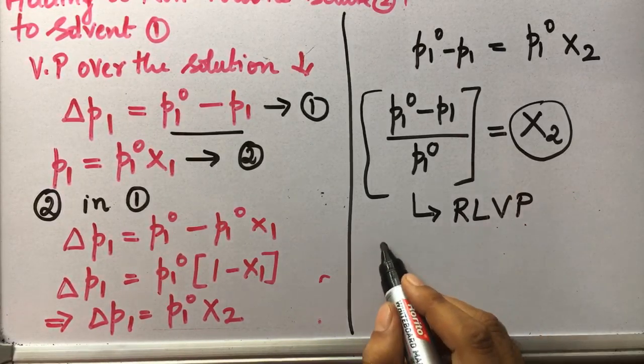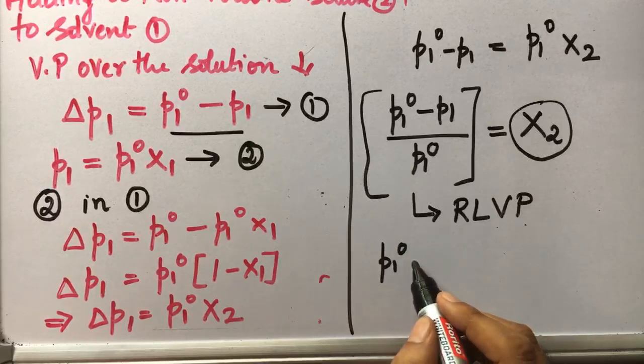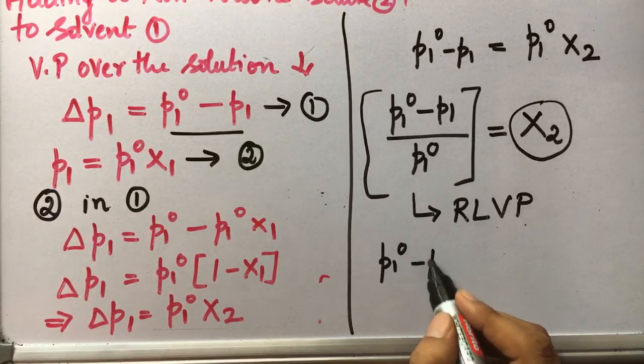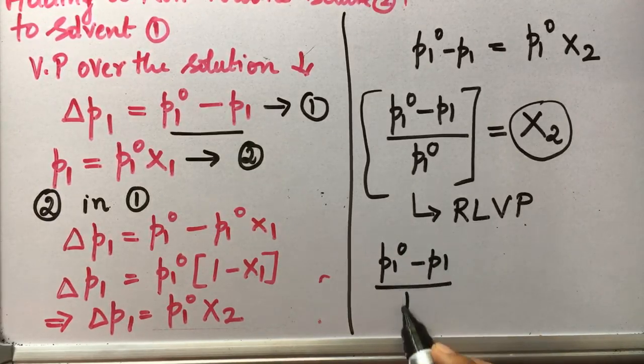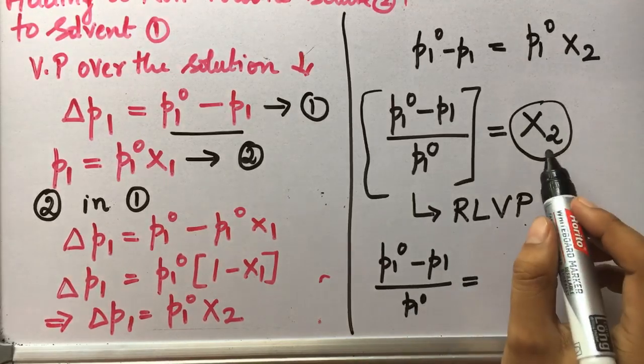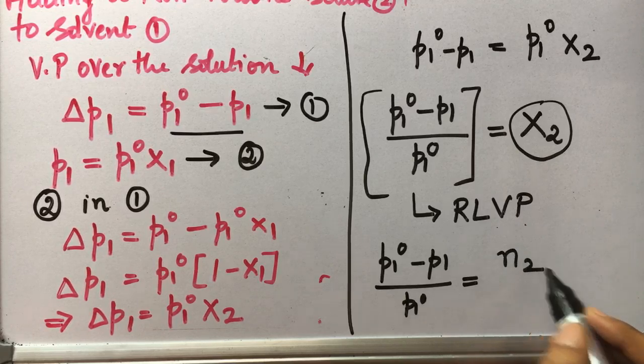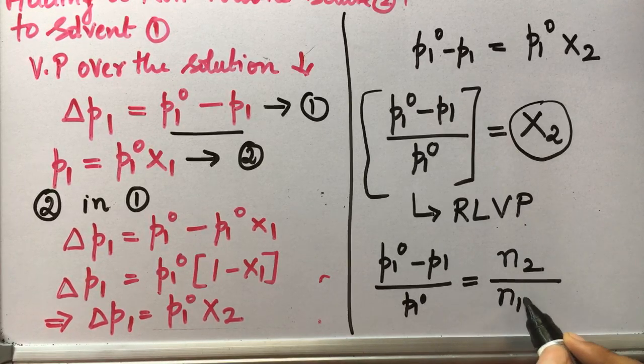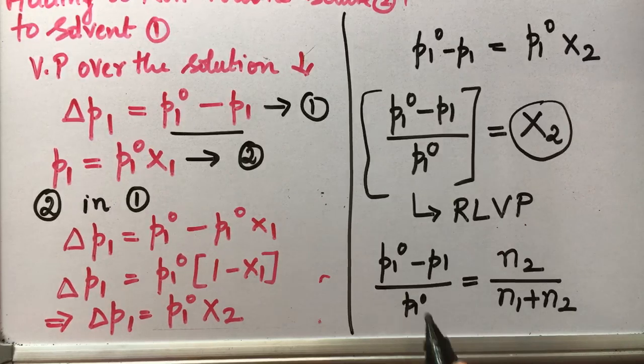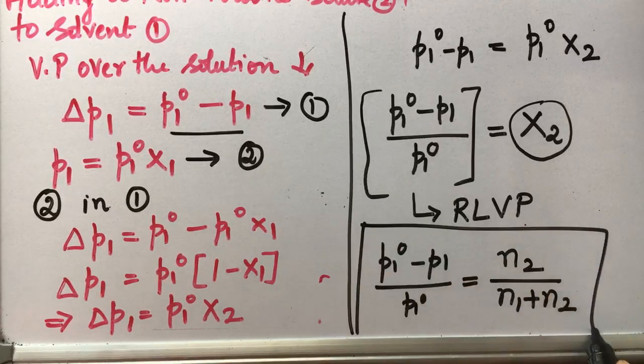Now we can replace x2 in terms of moles. P1 naught minus P1 divided by P1 naught should be equal to the mole fraction of component 2, which is the number of moles of that component divided by the total number of moles present in the solution, that is n1 plus n2. I told you that this is a formula.